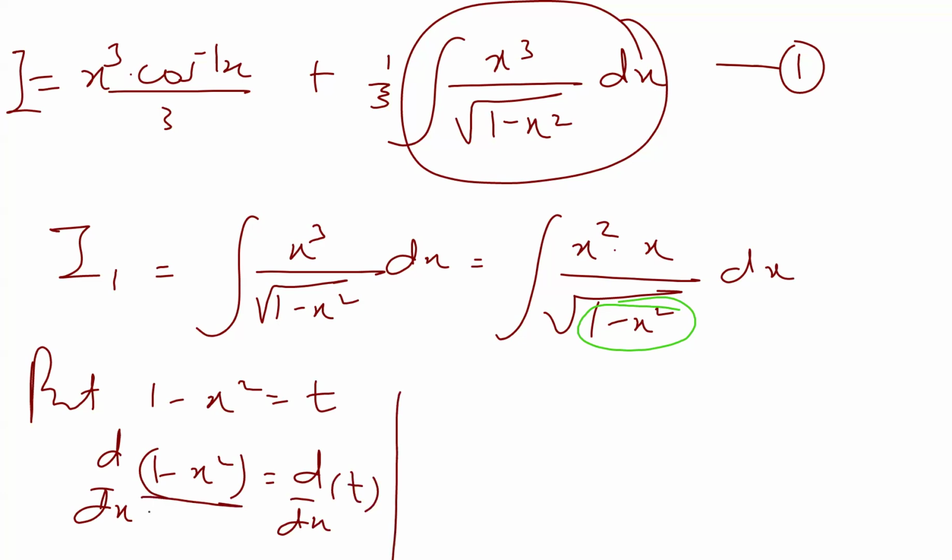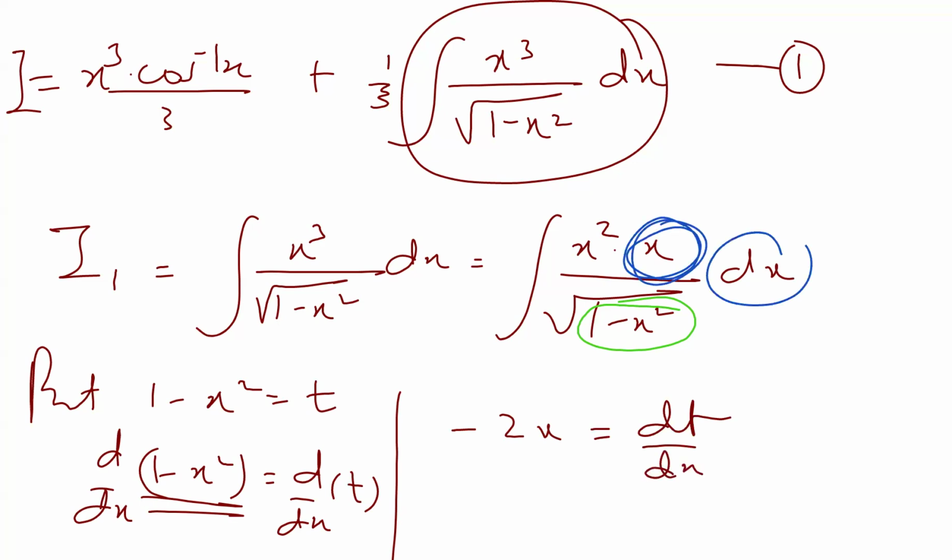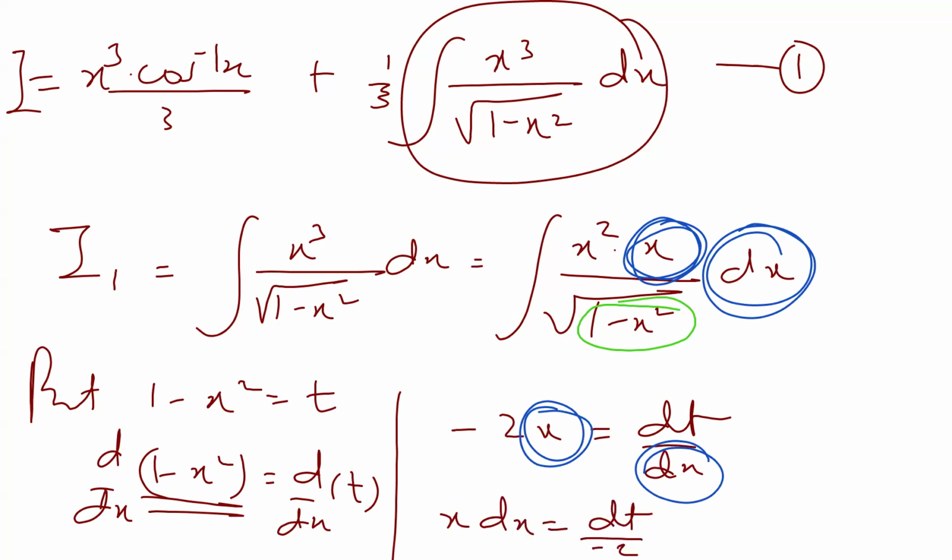So derivative of this is minus 2x equal to dt by dx. Now look at the step above. So x dx will be dt by minus 2, that I'll write on the next page.